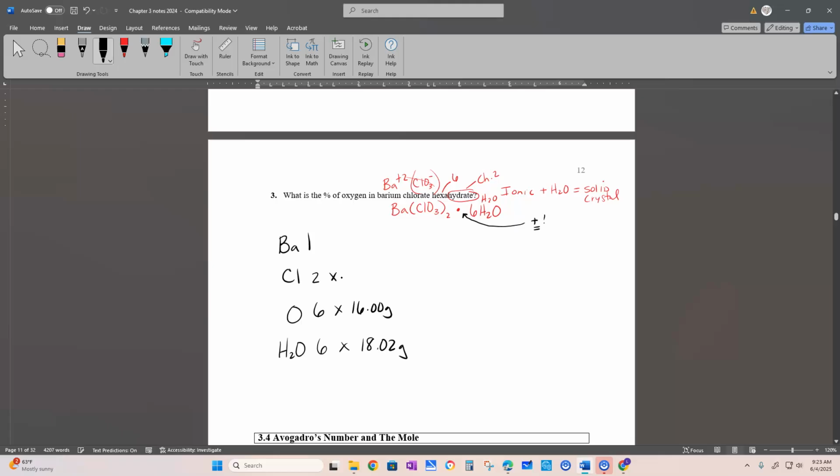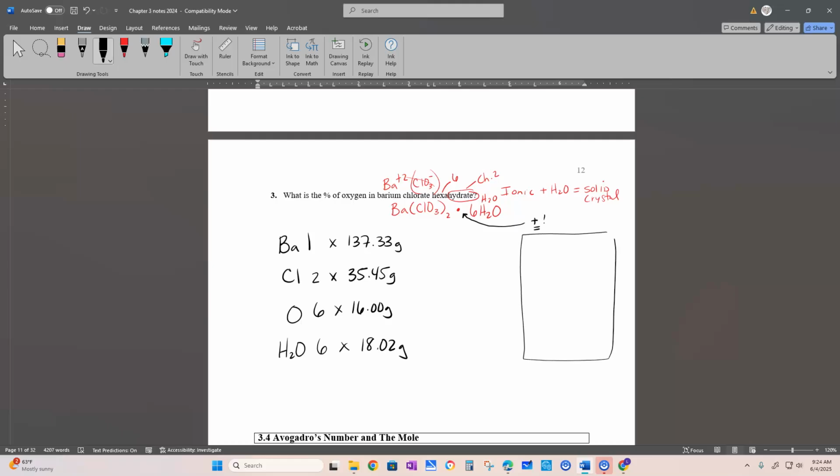With chlorine, according to our periodic table, it should be around, what is that, 35.45. And barium's got a big mass, 137.33.